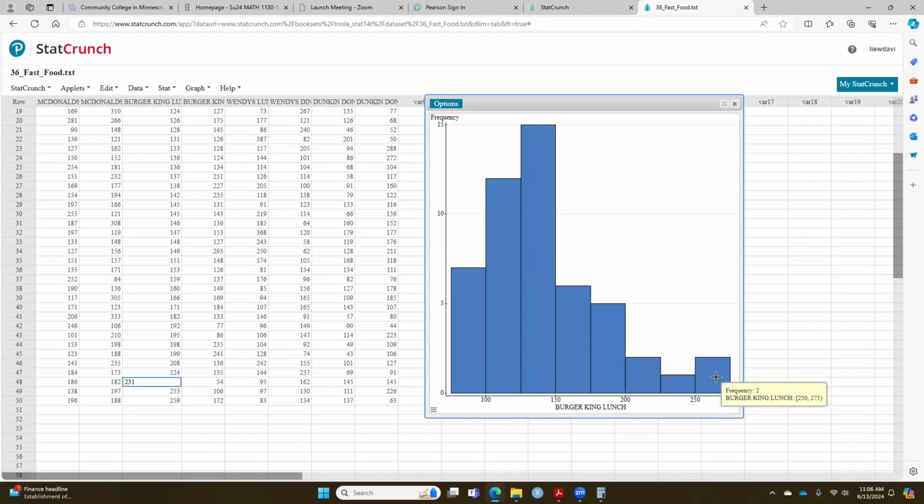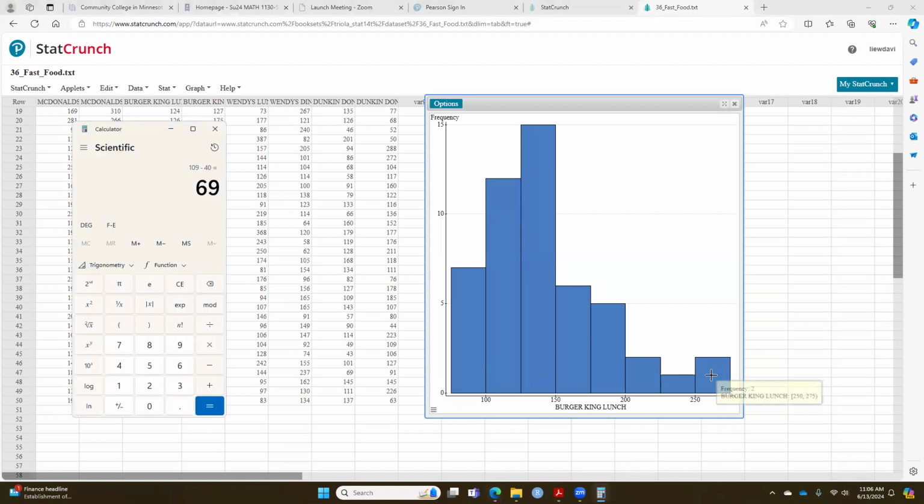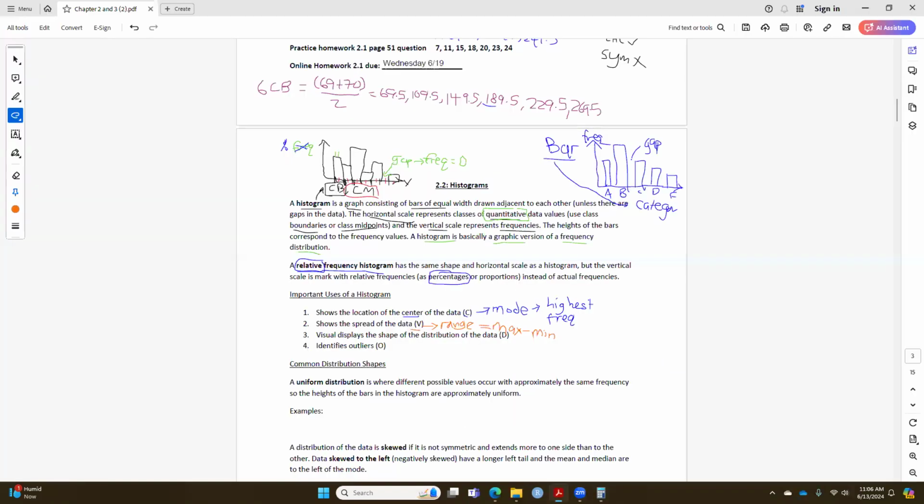The highest number is 275. So what you do is you subtract that. So 275 minus 75, the high minus the low, you get 200. So that is the range. So the range for this histogram is 200. Okay. That is how we take care of the V.